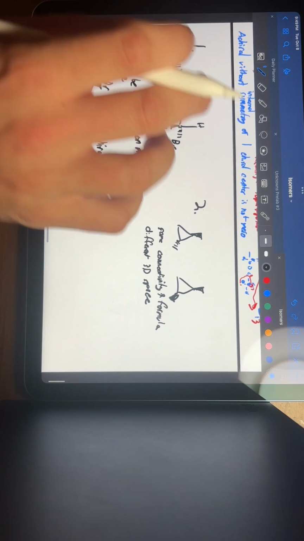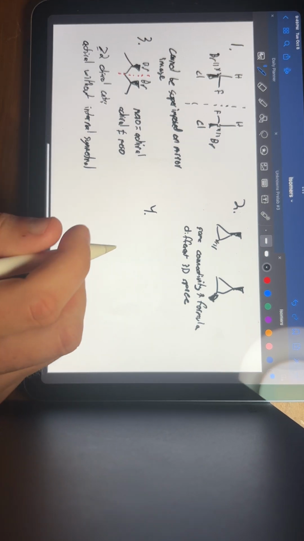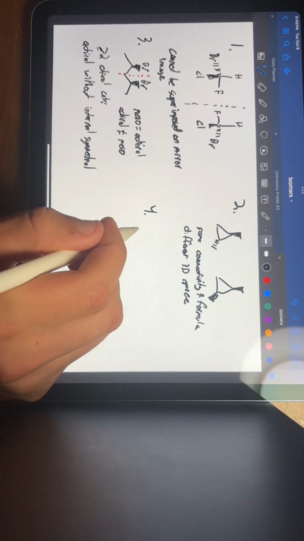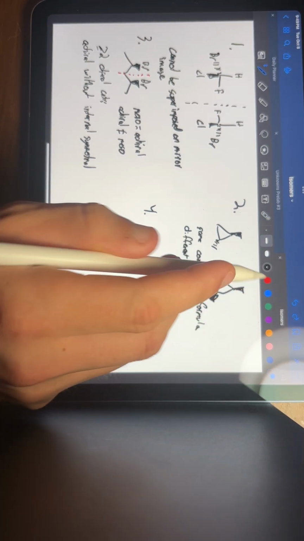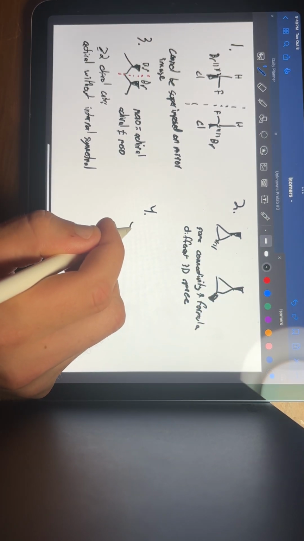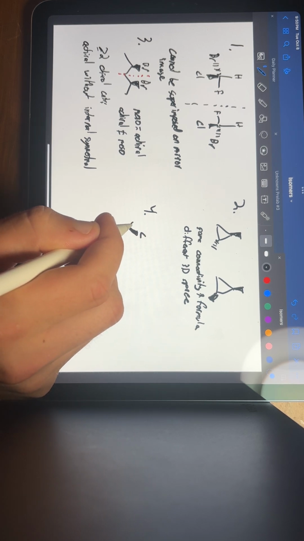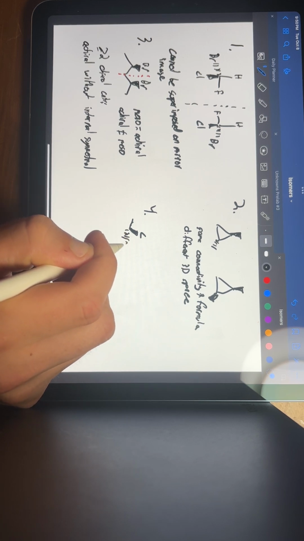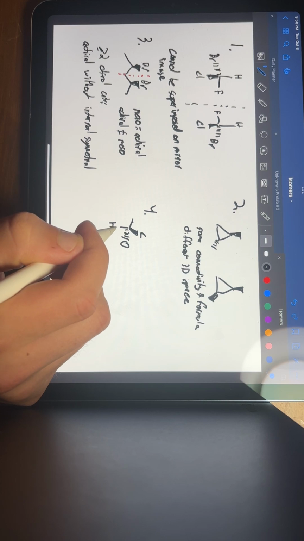And then for 4, show how to determine the RS configuration for the compound. So this compound is pretty complex, but it only has the 1 chiral center. So I'm just going to simplify the compound a little bit. So we have this carbon here. Just draw the chiral center. We have the O in the back, and we have the H down on the bottom.